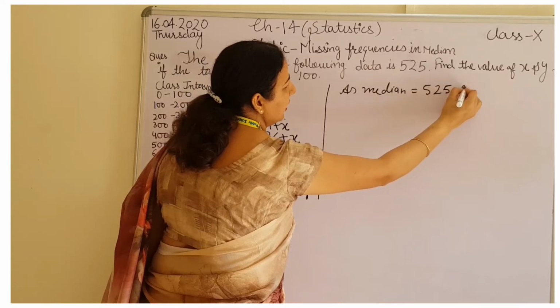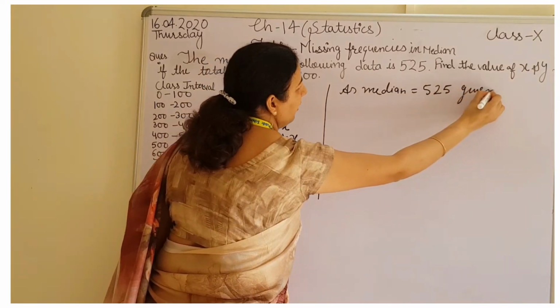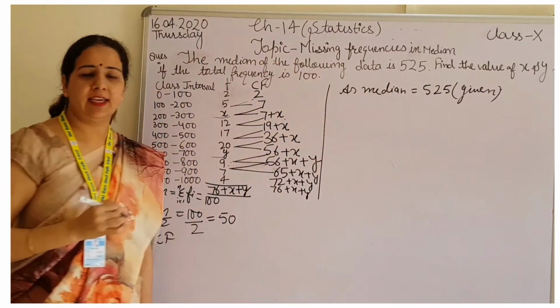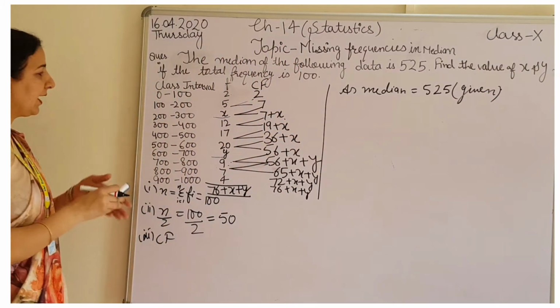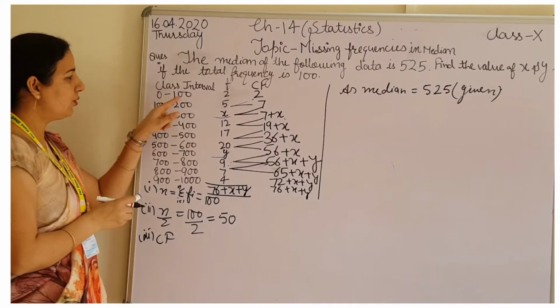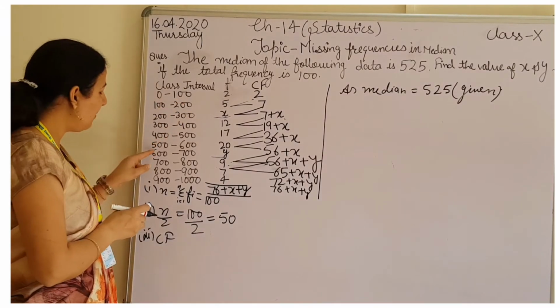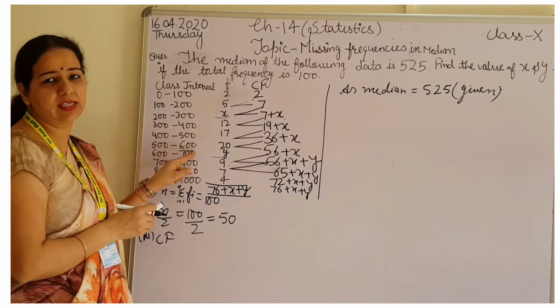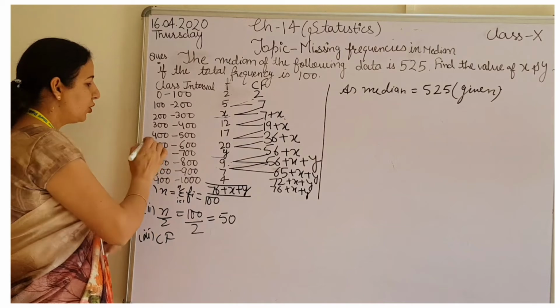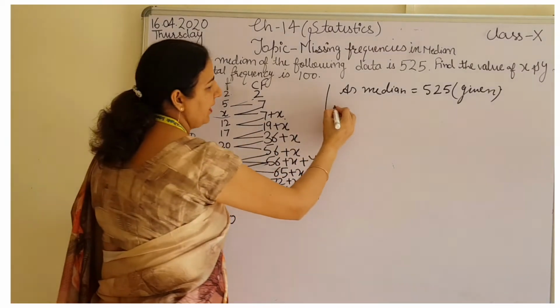Why? Because it is given. So now check in which class interval it will lie. 0 to 100, no, it will lie between 500 to 600. So this will be the median class.